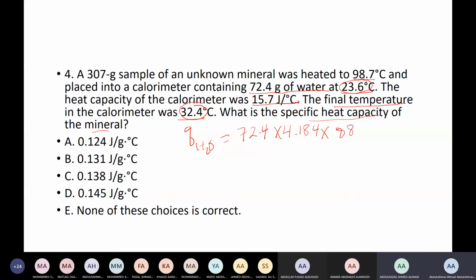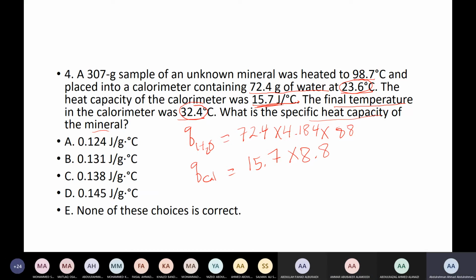Good. Now, what's Q of calorimeter? No, this water is part of the calorimeter. Still, it's 15.7 times delta T times 8.8. That's all. Clear? Okay.